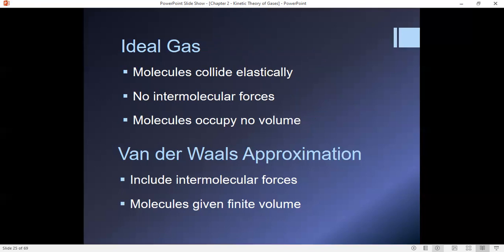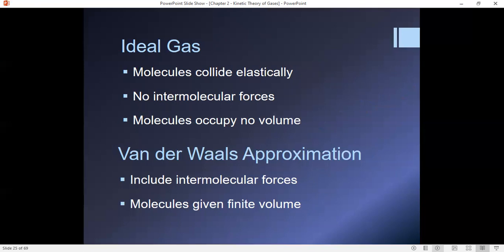Now, a better approximation happens if we include intermolecular forces and give molecules a finite volume. The biggest problem with the ideal gas law is this: the ideal gas law does not allow for phase transition. So according to the ideal gas law, a substance can never become a liquid or a solid.